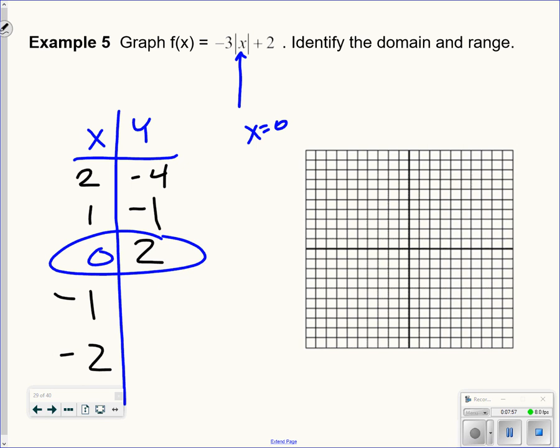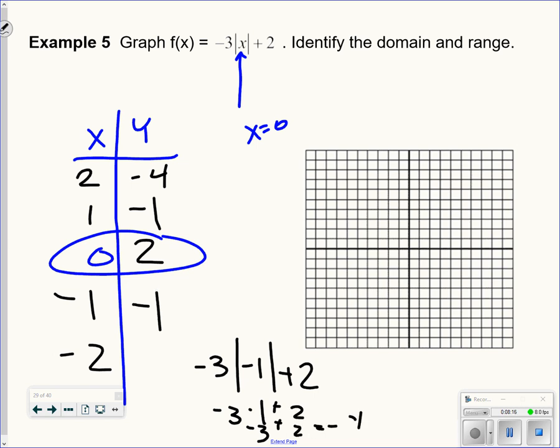So now, negative 1, and I'm going to show my work on this one. Negative 3 times the absolute value of negative 1, plus 2. The absolute value of negative 1 is 1. Negative 3 times 1 is negative 3, plus 2 is negative 1. Negative 2: absolute value of negative 2 is 2, times negative 3 would be negative 6, plus 2 would be negative 4.